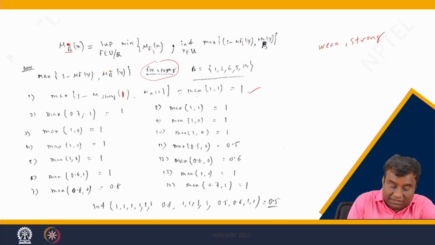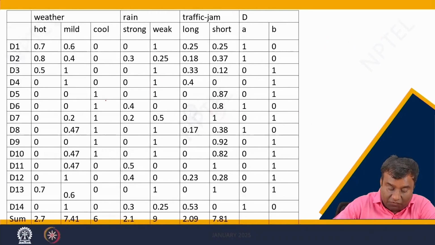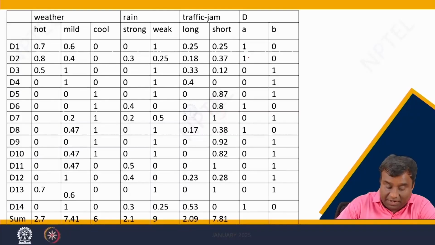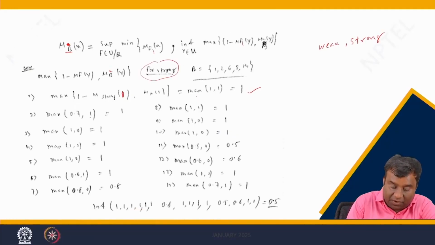Similarly for day 2, the strong value is 0.3 and the other value is 1, so 1 minus 0.3 is 0.7 and 1, so the maximum is 1.